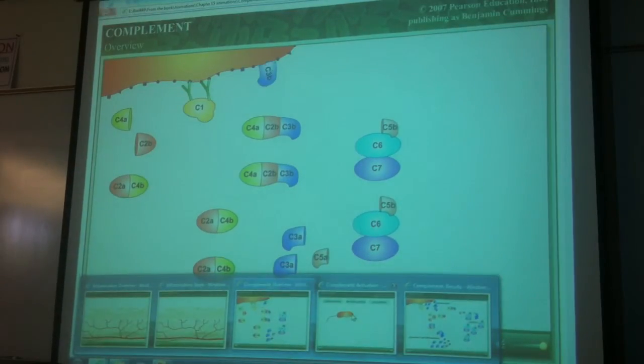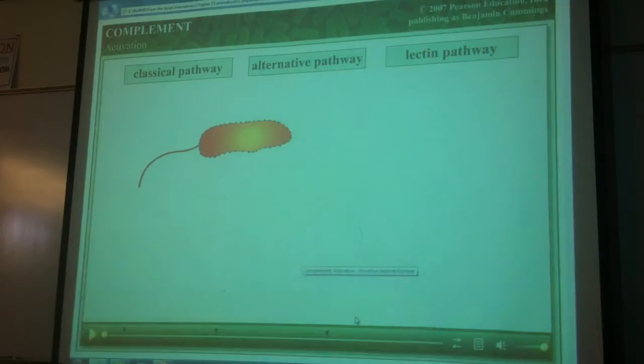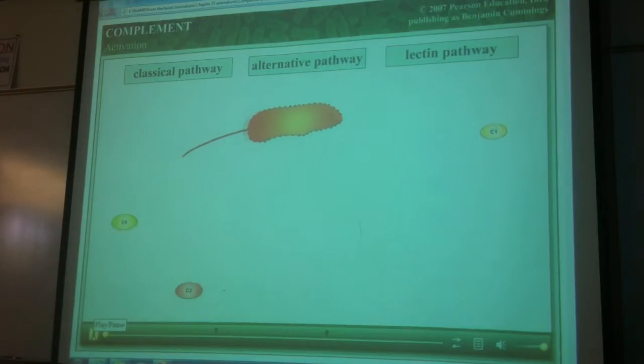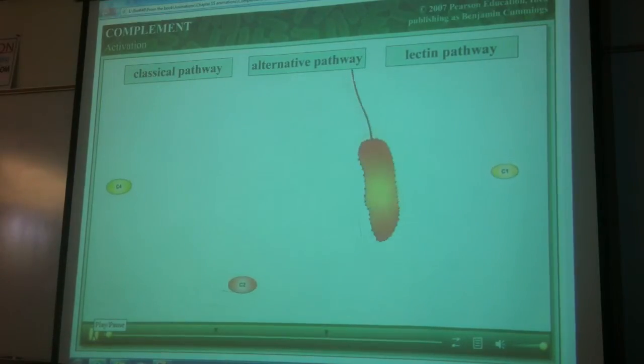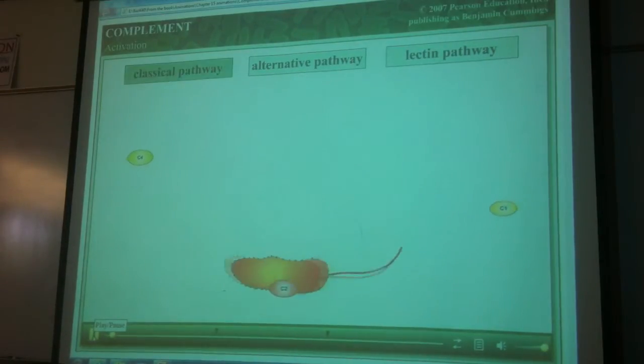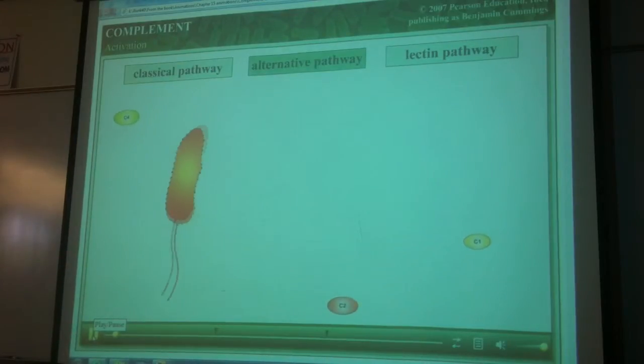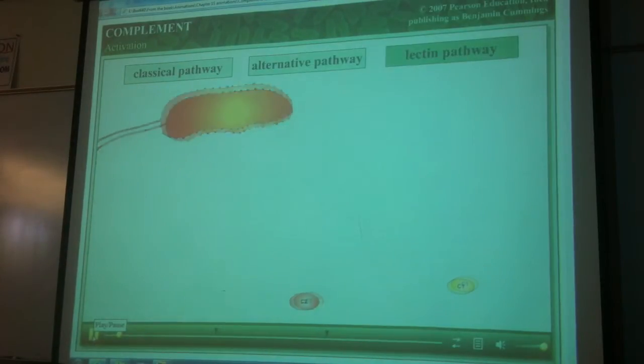For activation, we're talking about the classic pathways. Complement can be activated through three different pathways: the classical pathway, the alternative pathway, and the lectin pathway.